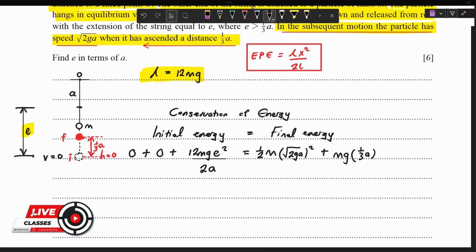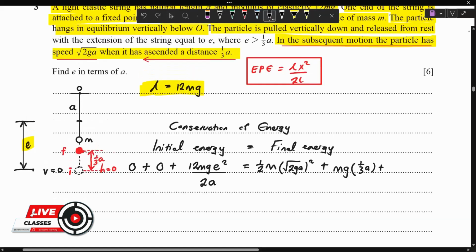Yes, sir. Okay, that's fine. And that's going to be plus the final elastic potential energy. When you talk of elastic potential energy now, we are going to use lambda, that's 12 mg. And we're also going to need the extension from its natural length down to here.